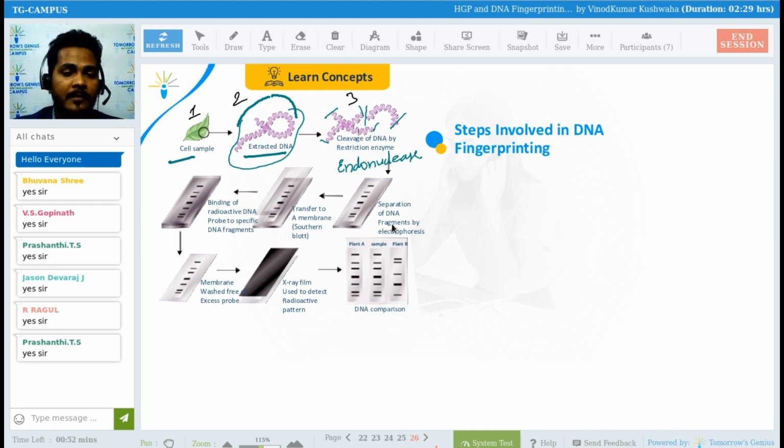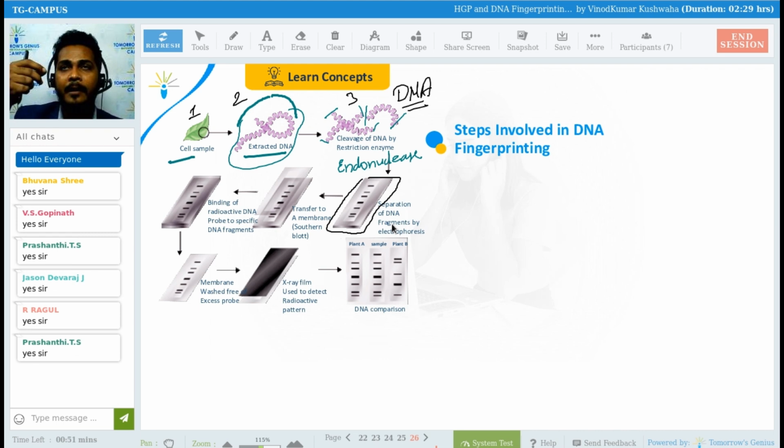Okay, now what is the next step? The next step is that the fragments are separated by gel electrophoresis. Now what is this gel electrophoresis? This is a kind of gel electrophoresis. When you load your DNA, this is the fragmented DNA.